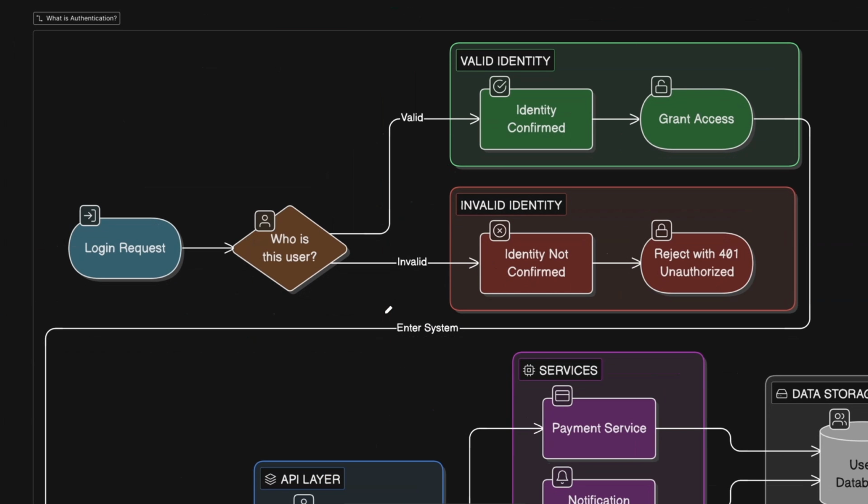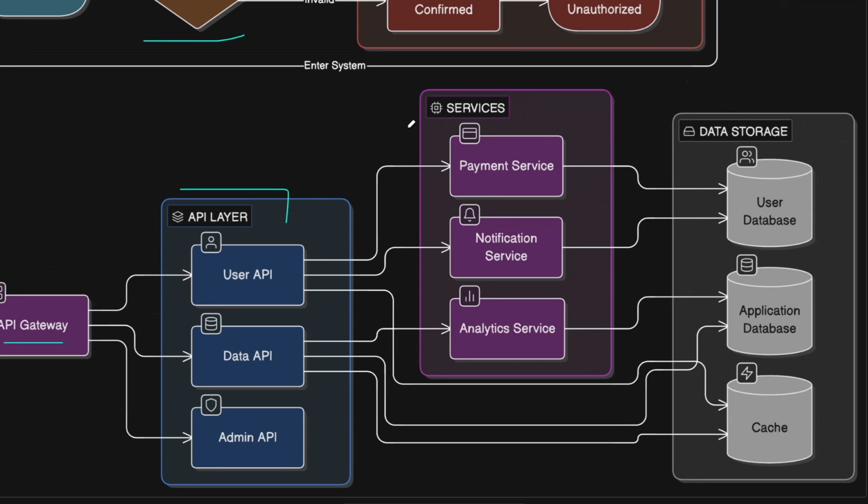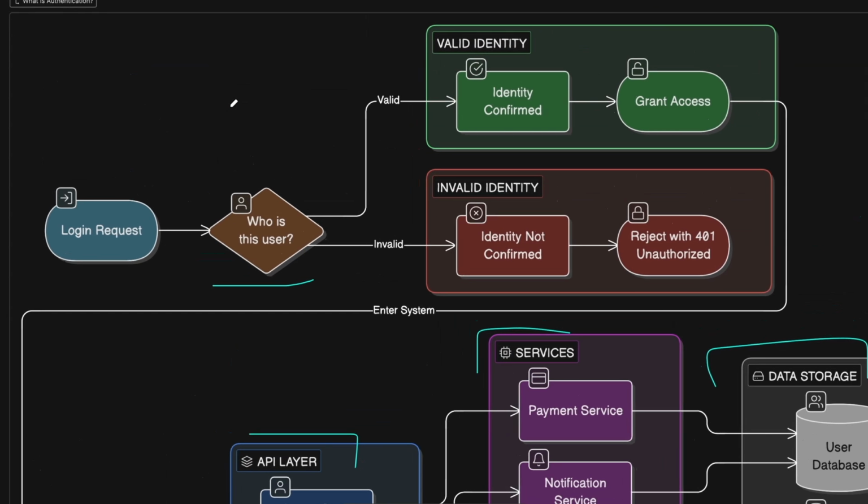So authentication really answers one simple question, which is who the user is, whoever is trying to access our system. Let's say you have your system, like your API gateway, the layer of APIs, then your service layer, and also the data storage. Before anyone can make requests to your API gateway and start accessing services and data, they first need to be authenticated.